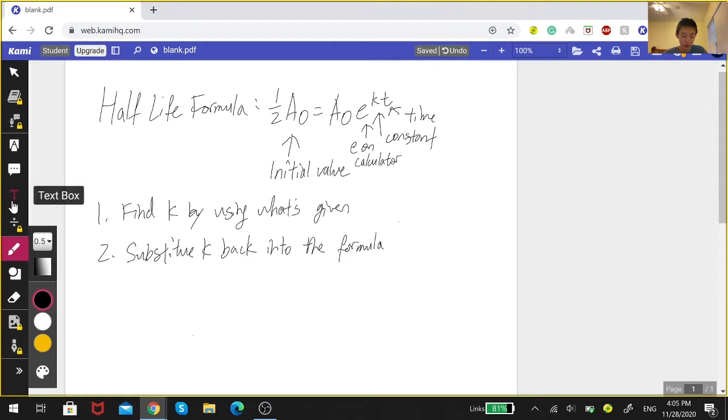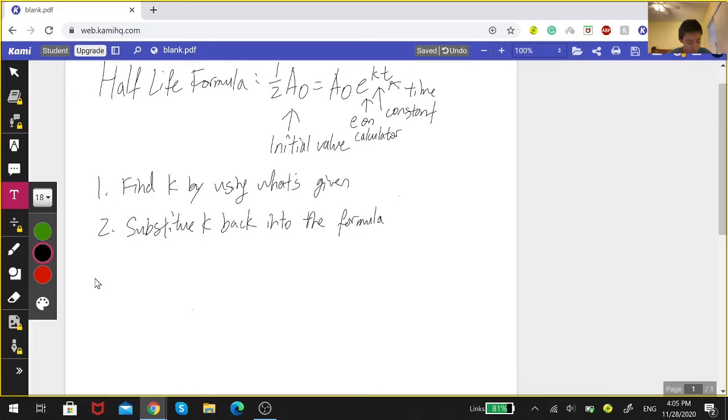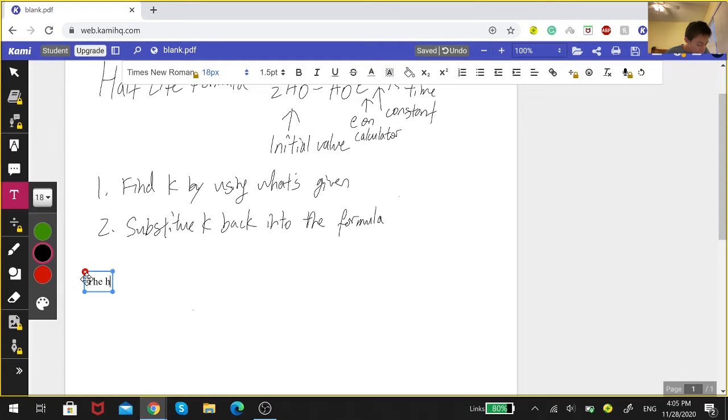So our problem here states the half-life of 232Th is 1.4 times 10 to the 10th power years.